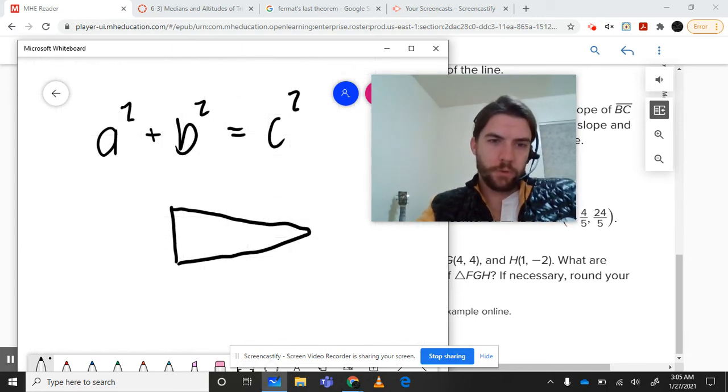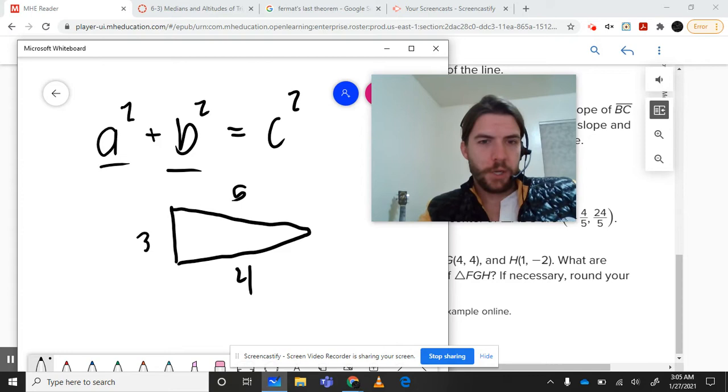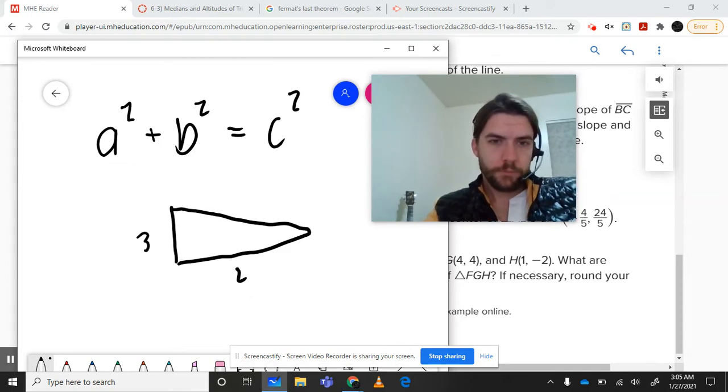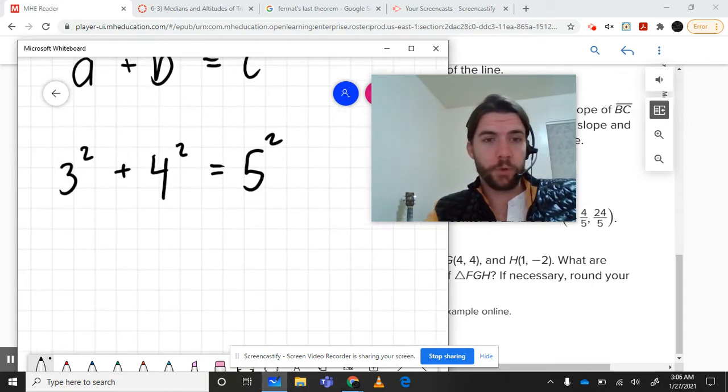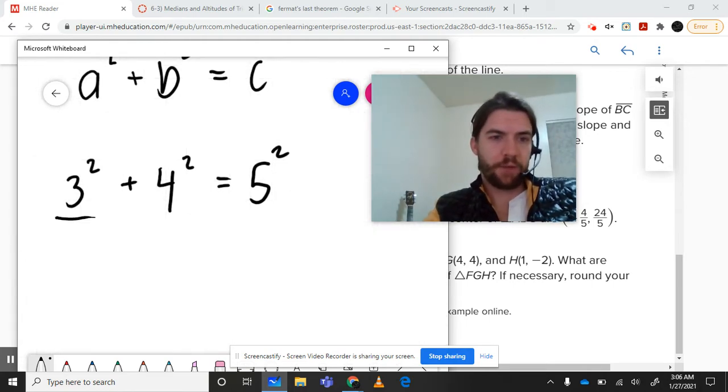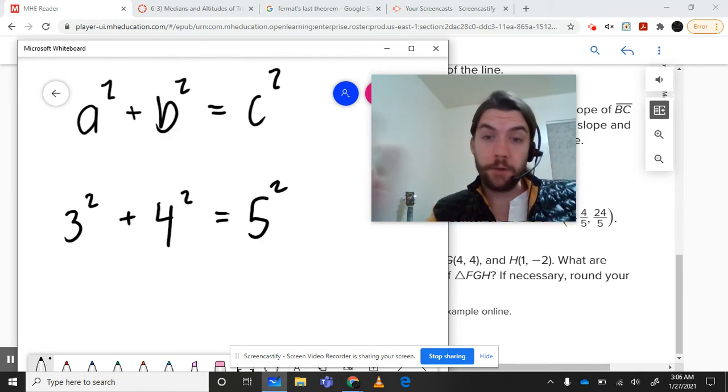Now, there are certain right triangles, like a 3, 4, 5, which have whole numbers for each of these three. So it is possible for an equation that says a squared plus b squared equals c squared to be answered with only whole numbers. Like 3 squared plus 4 squared equals 5 squared, all whole numbers. As you've seen before when doing right triangles, you don't always have whole numbers. It's not necessary that you have whole numbers, but it is possible.